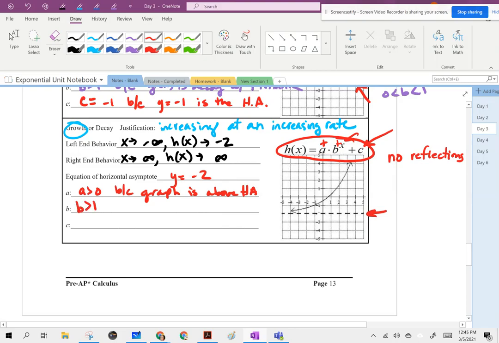Okay. So B is greater than 1 because h of x is growth with no reflections. All right, C value, C is equal to -2 because y equals -2 is the horizontal asymptote.